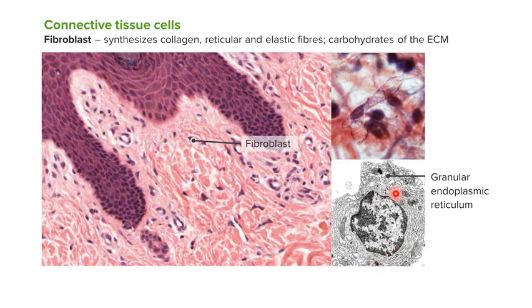So a lot of rough ER, and remember that a function of the rough ER is to produce proteins that are going to be secreted out of the cell. So it makes sense that these cells have a lot of ER and are very active in producing proteins that are going to be dumped out of the cell. Here you see the nuclei of those cells, and you see stained fibers close to those cells.